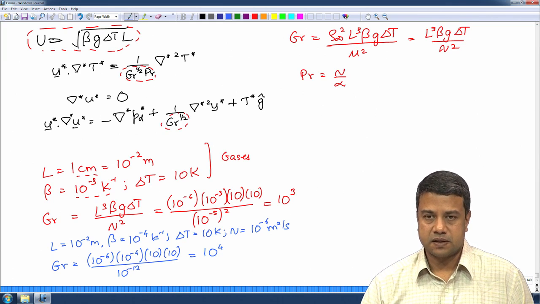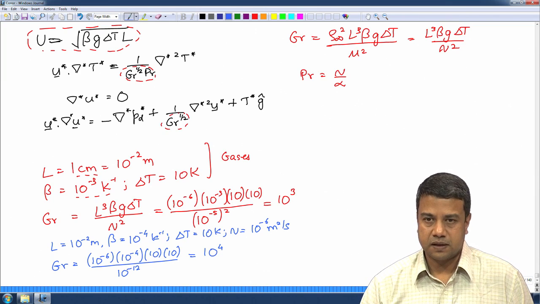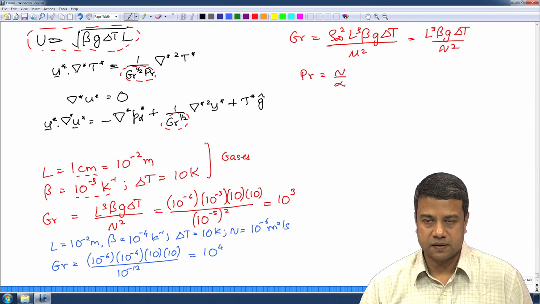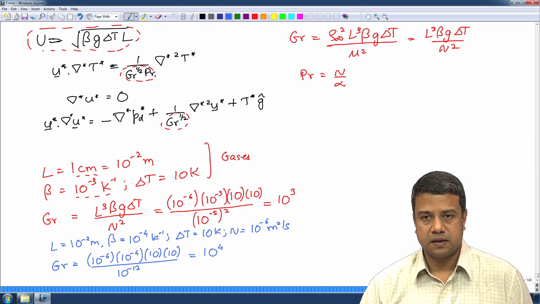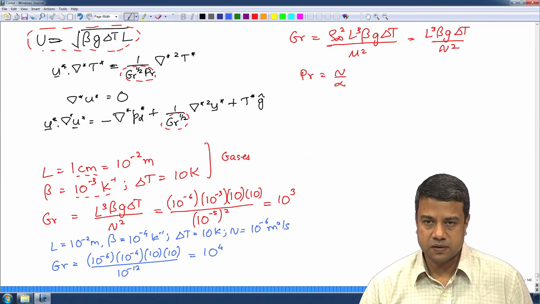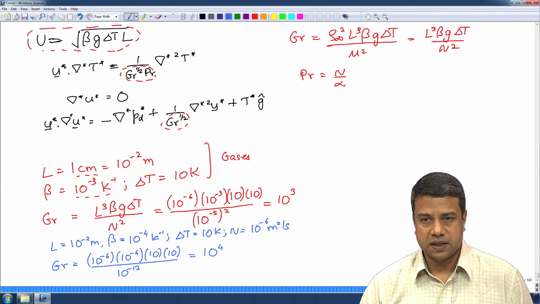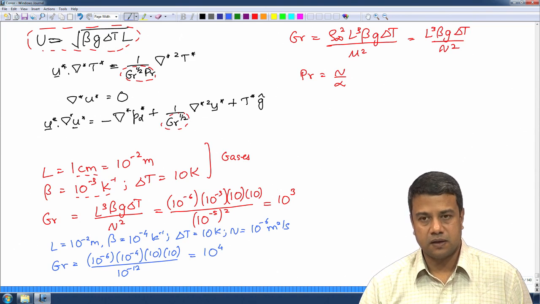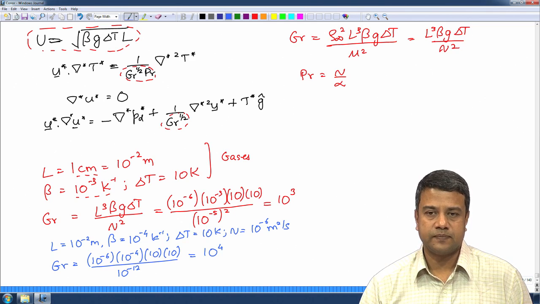When convection is much larger than diffusion, you would think that you can neglect diffusion altogether. However, the transport from the surface has to take place due to diffusion, because there is no convection perpendicular to the surface, and there has to be a boundary layer close to the surface whose thickness decreases as the Grashof number increases, in such a way that there is a continued balance between convection and diffusion even in the limit as the Grashof number goes to infinity.